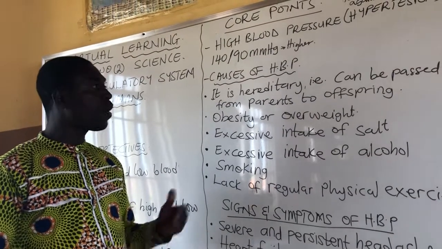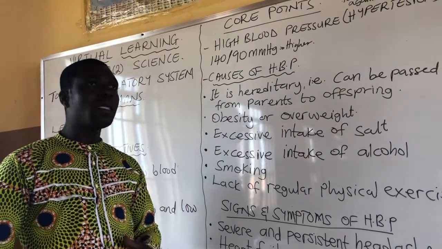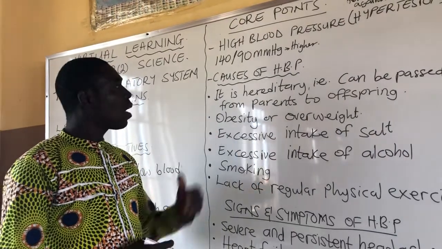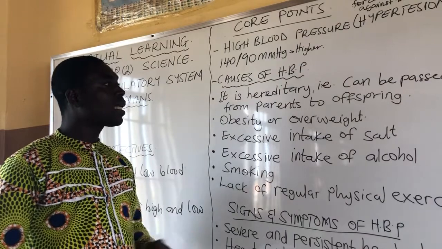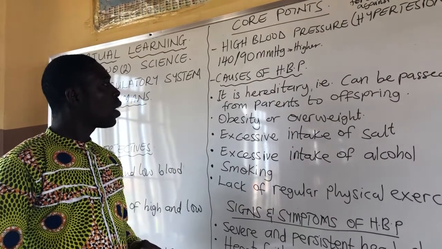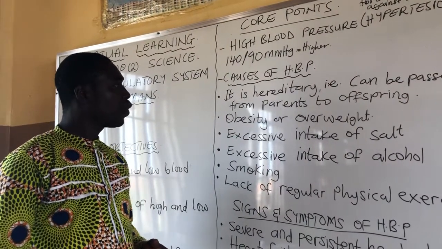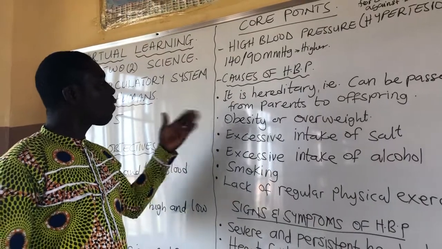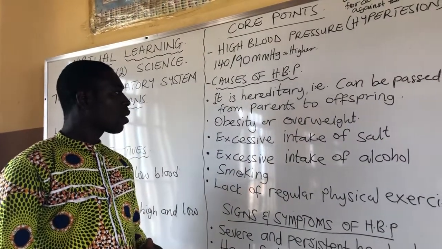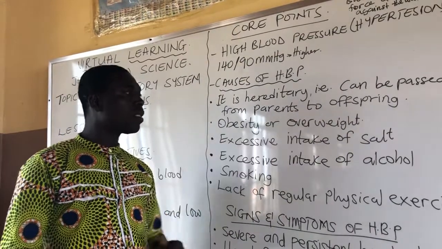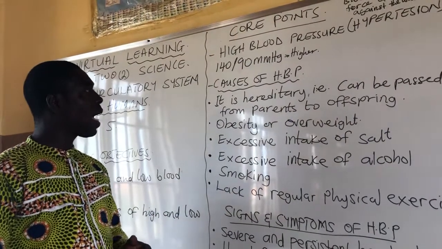It means that if your parent or your parents have this blood pressure, you are likely to also have it in future. We also have another cause, which is obesity or overweight. Obesity or overweight can also cause high blood pressure.